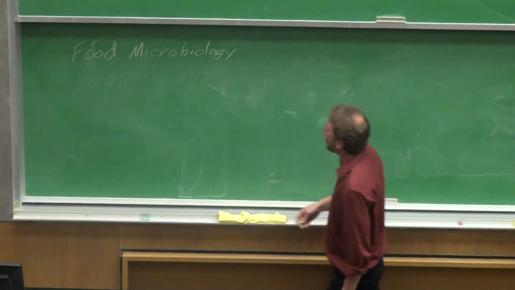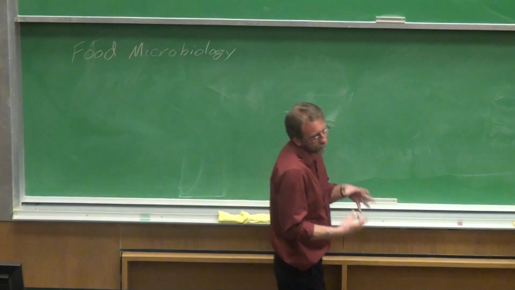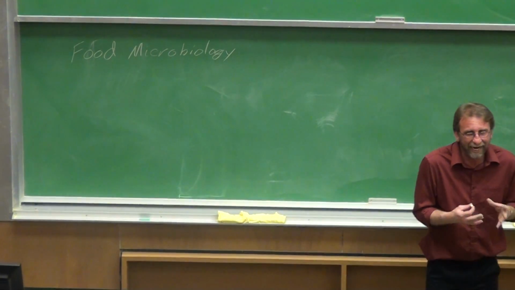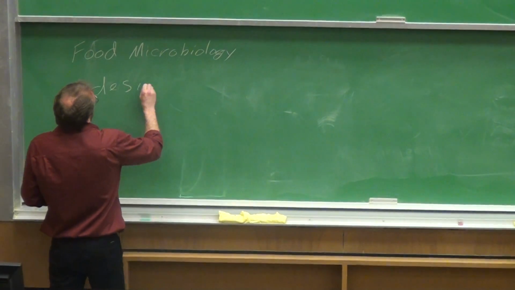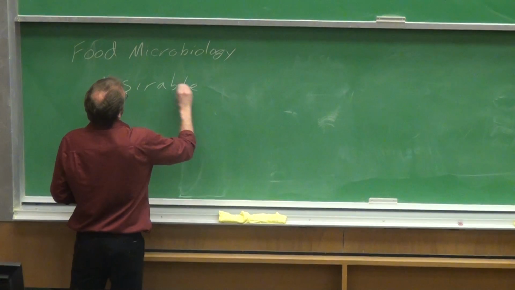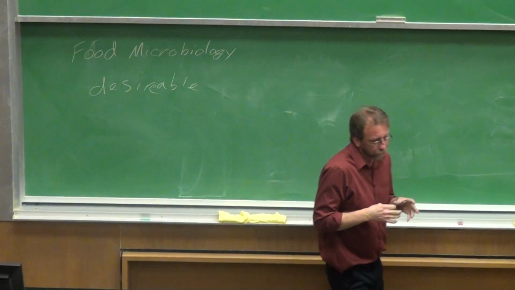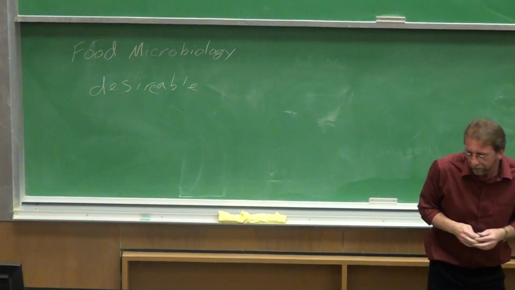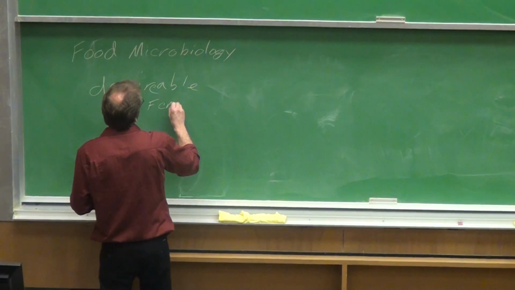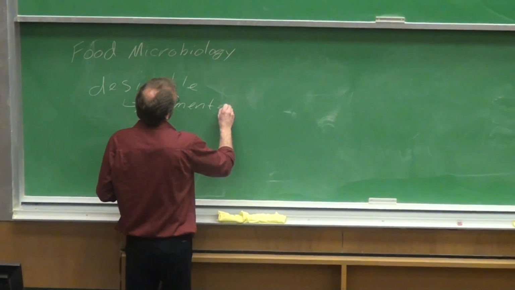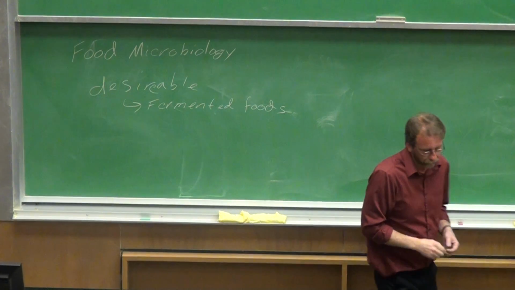Now, when we talk about changes that microbes do to food, there are really a couple of effects that can happen. Some of those changes actually are desirable. Changes that we like. We think of these in many cases as certain fermented foods.